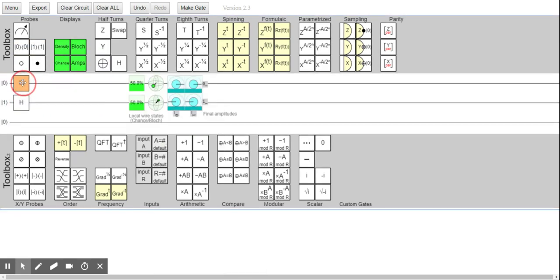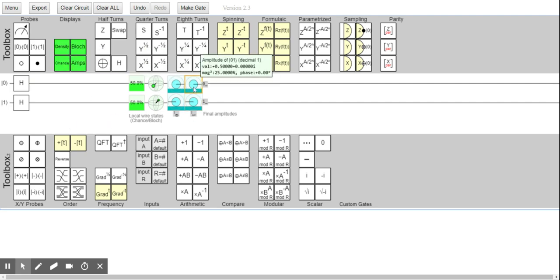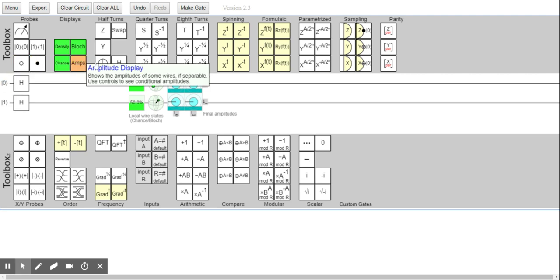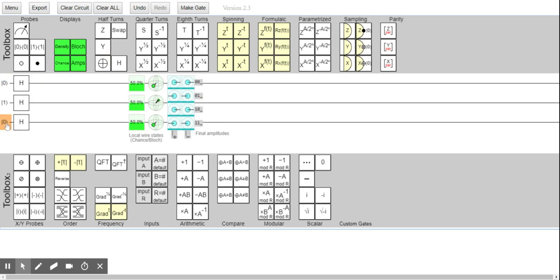There's a Hadamard and then another Hadamard, and so if I would add another Hadamard here, and how does that control move the whole thing here?